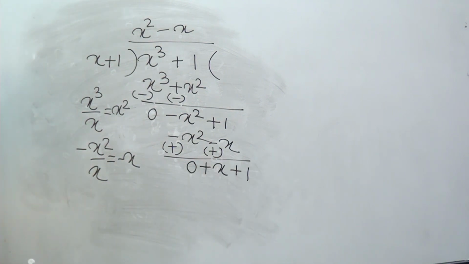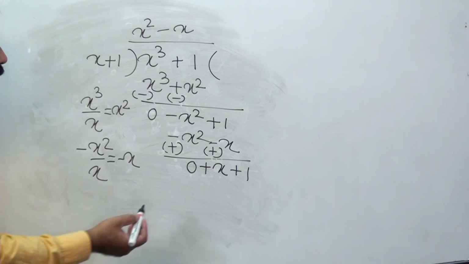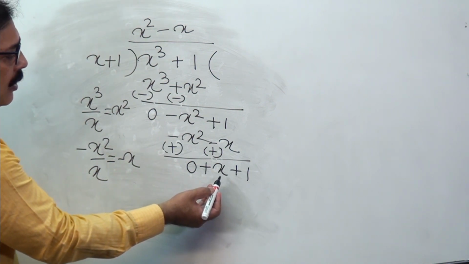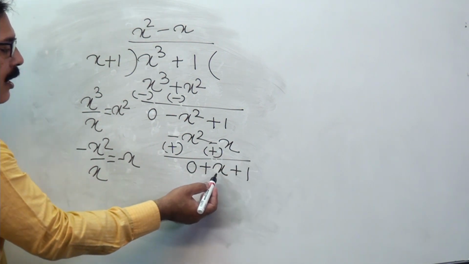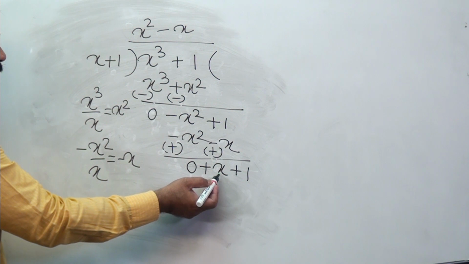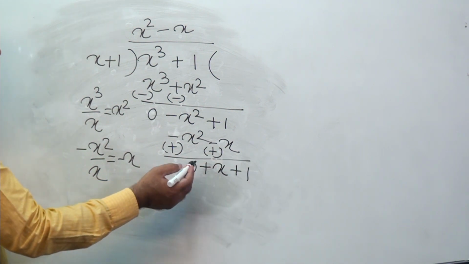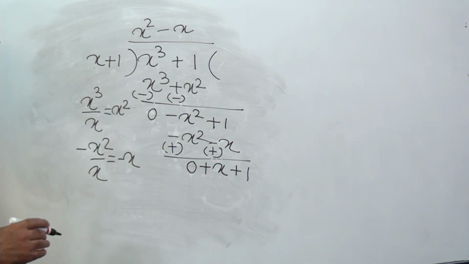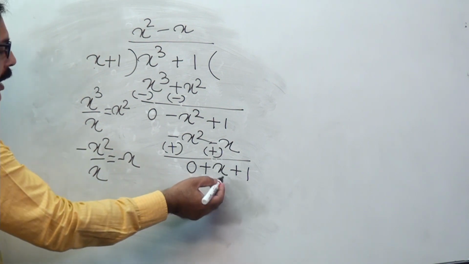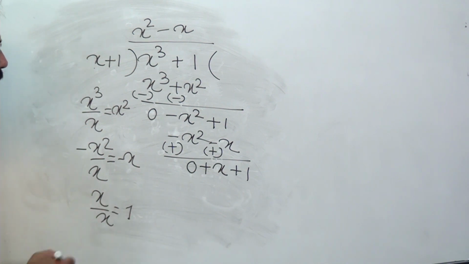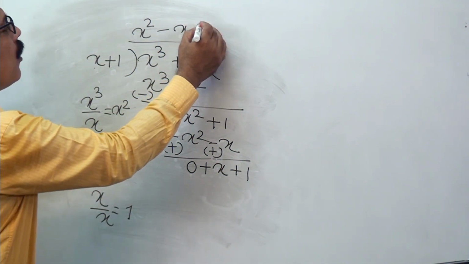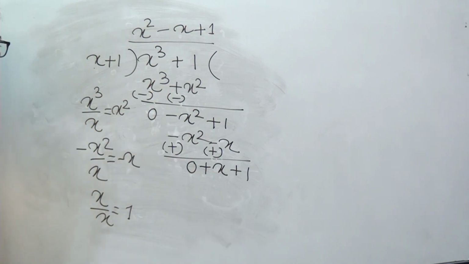Now see, to get the third term of the quotient, we divide the first term of the new dividend x plus 1 with the first term of the divisor, that is x by x, that gives 1. So the third term of the quotient is 1.